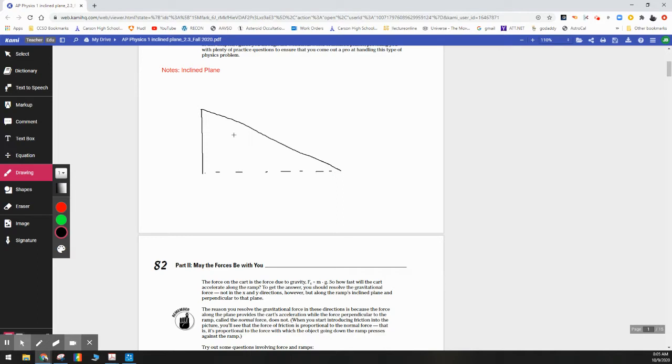Here's an inclined plane, and let's identify certain aspects of it. Right here, we'll call this the angle theta. This is 90 degrees.